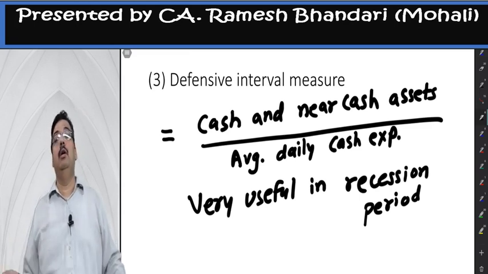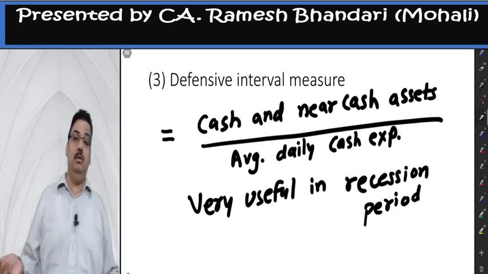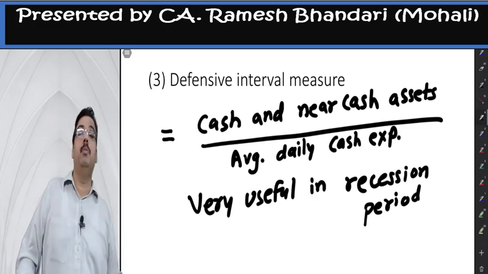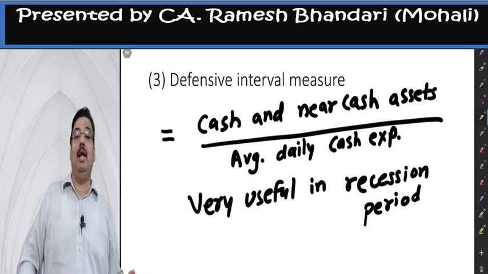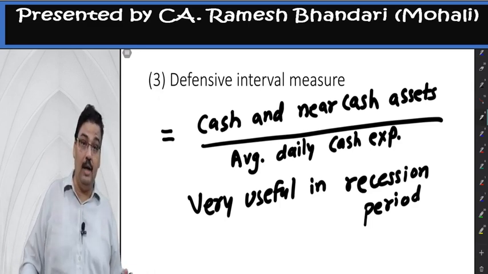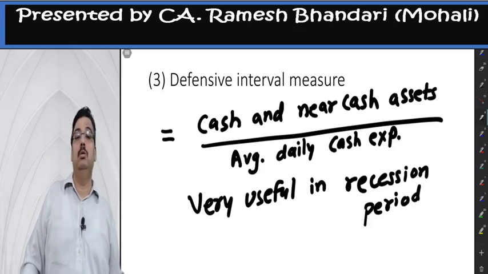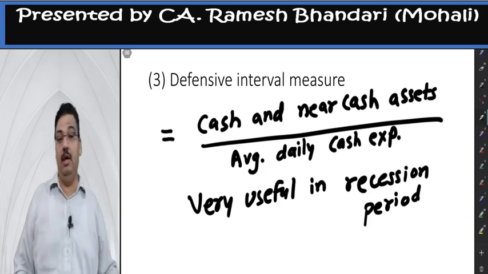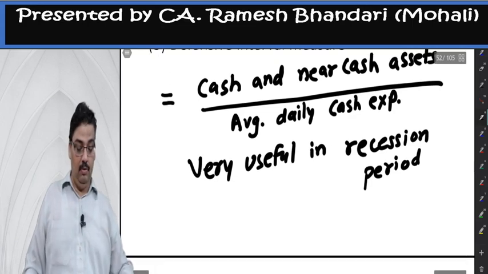But those who are having 3 days, 4 days, they are certainly going to have big problems in their business till the time the lockdown is over, because there is no inflow. How to do their regular spendings is a question mark. So this is the defensive interval measure, part of the short-term solvency ratios.